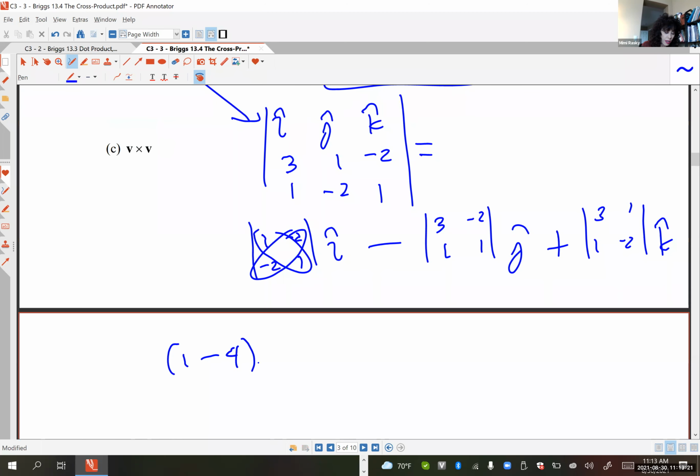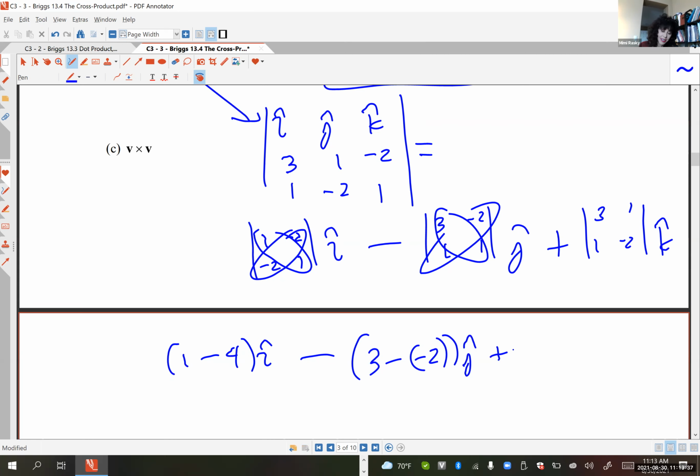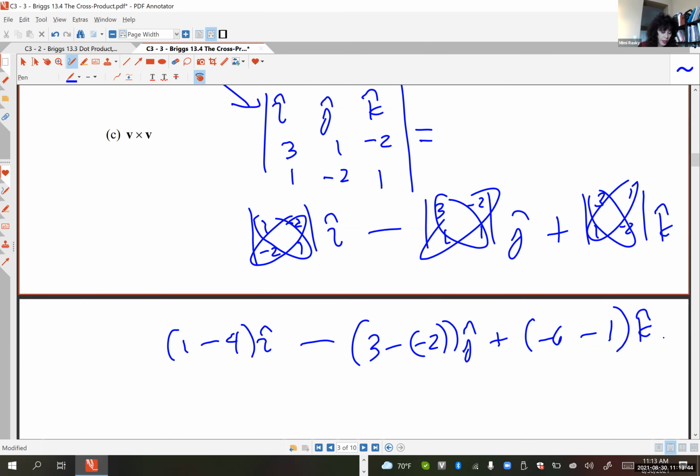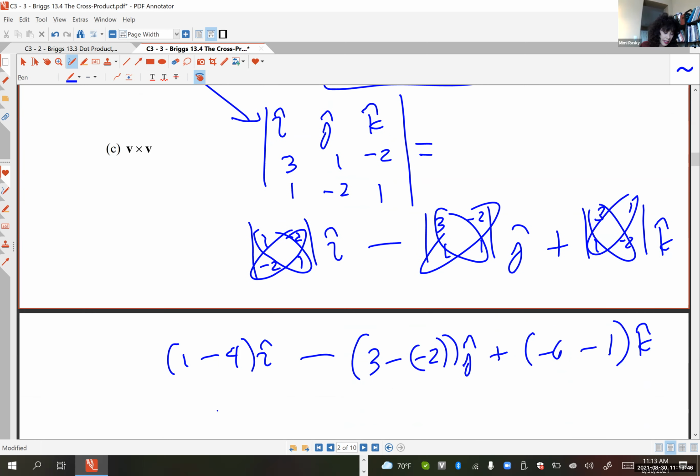So 1 minus 4 i hat, minus 3 times 1 is 3, minus 1 times -2 is -2, j hat, plus 3 times -2 is -6, minus 1 times 1 is 1, k hat. Okay, so what do I get here? I get -3 i hat minus, looks like -5 j hat plus -7 k hat.